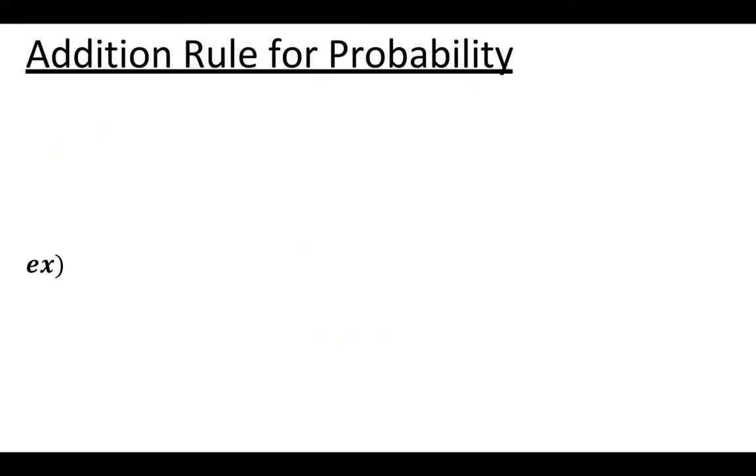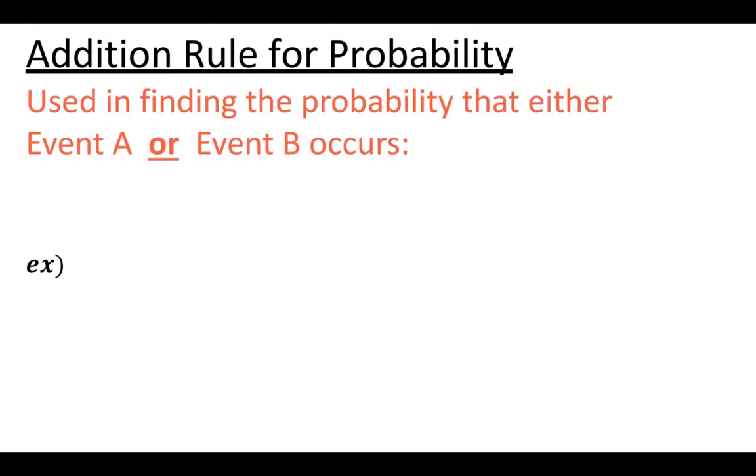Our addition rule for probability, just going to summarize that, is used in finding the probability that either event A or event B occurs.